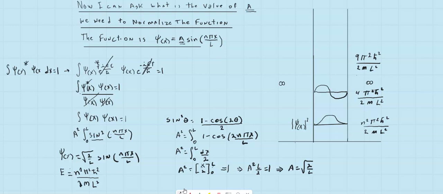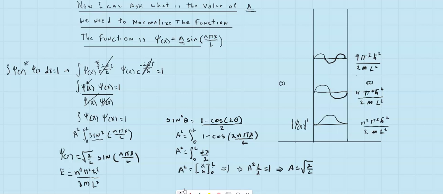Then the other one will be how much? Here how many nodes will I have? I will have 2 nodes. See if I could do this. One right here, and one right here. And this will go like this. I'm trying to do my best. And it will go like this.